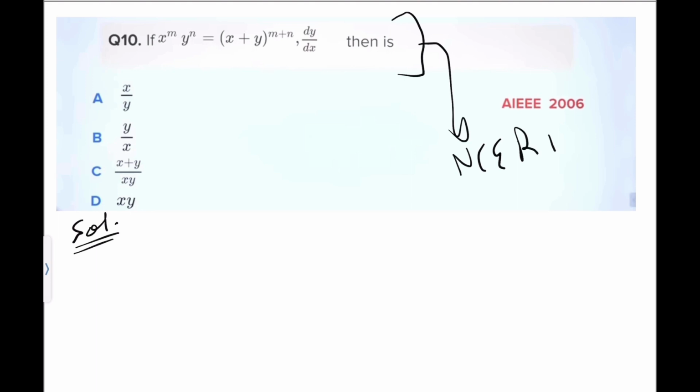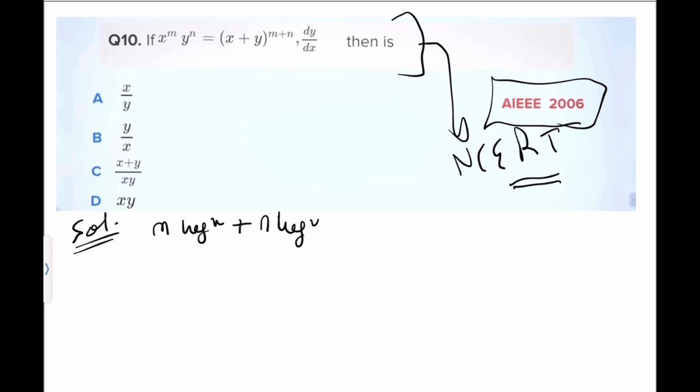Very easy, and it has already come in the 2006 engineering paper. When we solve it, it will be m times log of x plus n times log of y equals m plus n times log of x plus y.